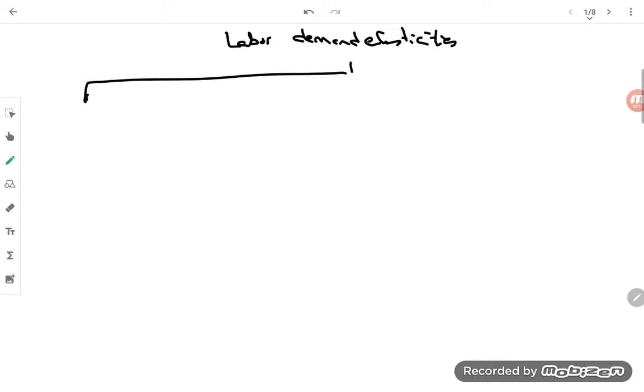Good morning. Last time we started to talk about labor demand elasticities, and as we said, this chapter is divided into three main parts. Part number one is about own wage elasticity.